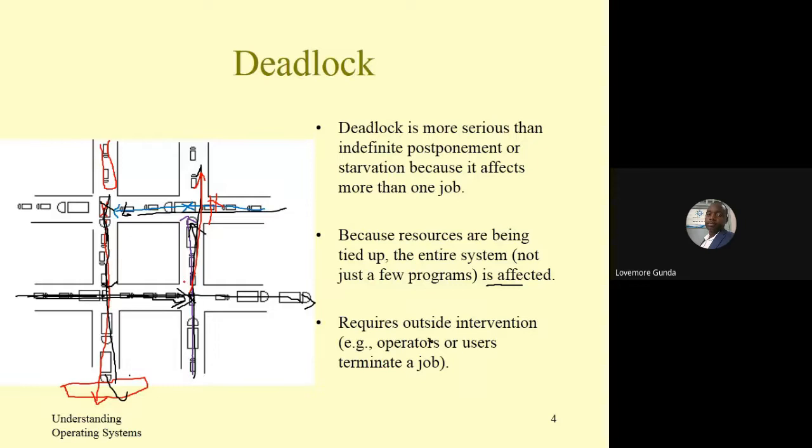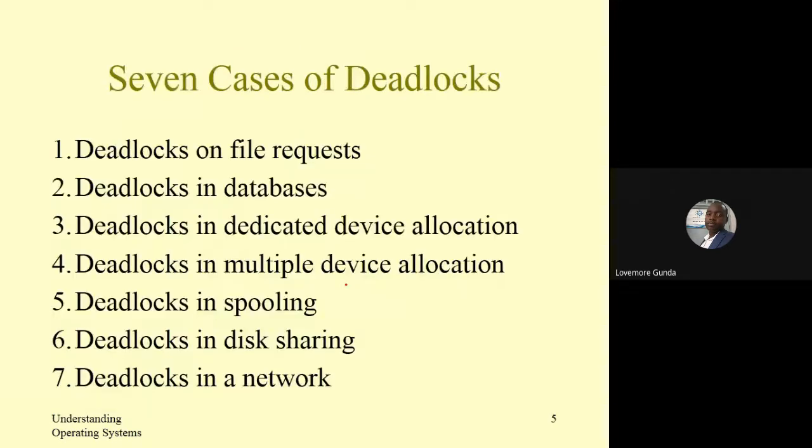If this can pass, at some point they should be blocked, then this can pass, right? If this can pass, after some time they should be blocked, and then this will pass. When this passes, that means this will also pass, right? So if there is no outside intervention, it simply means the deadlock will not be resolved, right?